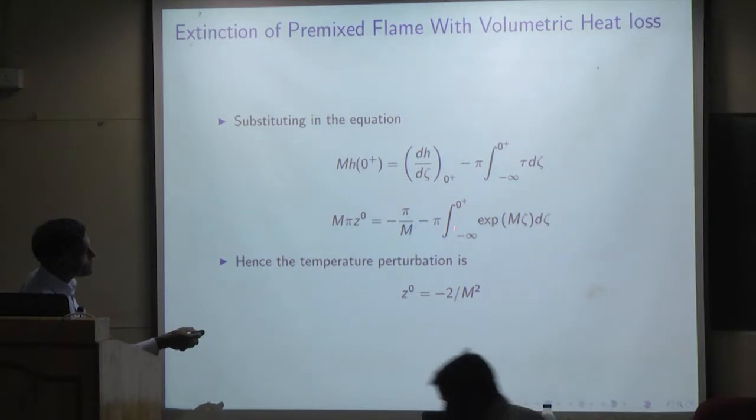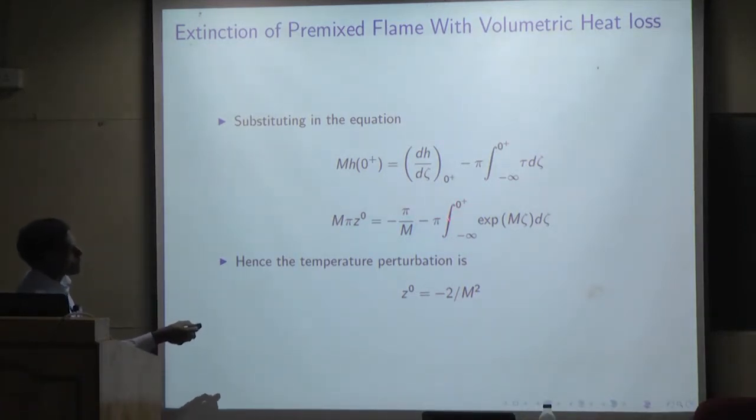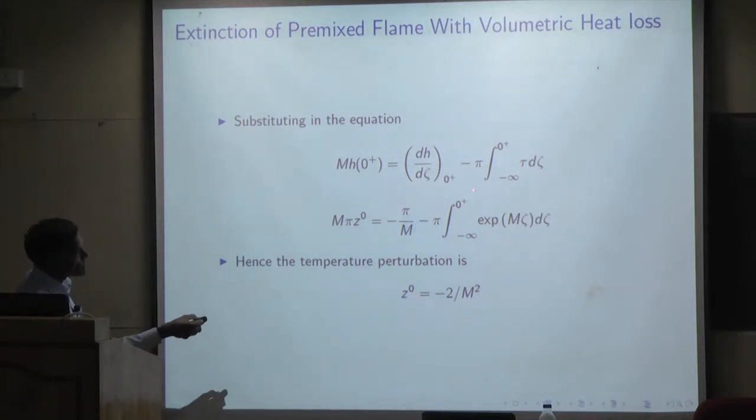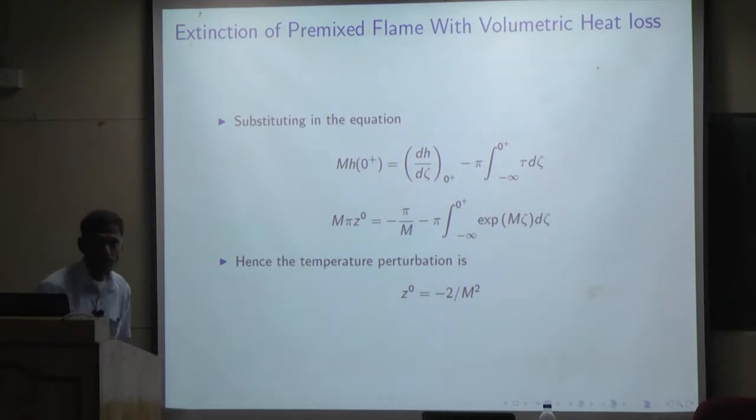Now this can be readily integrated, and it turns out to be pi over m. If you integrate that, it's exponential mz divided by m. If you apply these limits, at minus infinity it must vanish, and at 0 plus it is unity. Then if you solve this equation, you get this perturbation z naught as 2 over m squared.